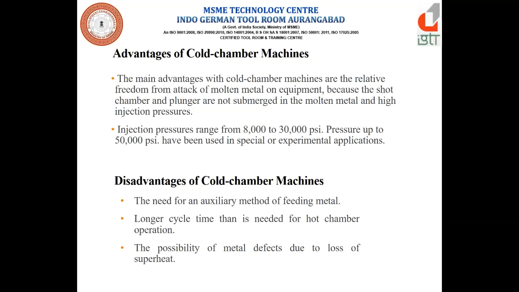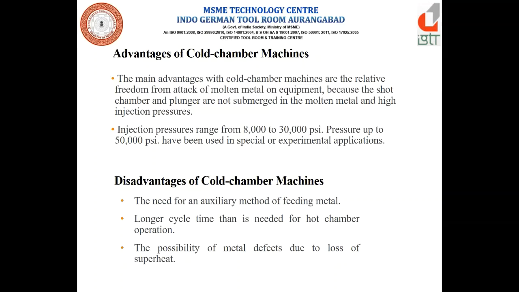In this process, very high injection pressure can be used. This can be up to 8,000 to 30,000 psi, or in other units, around 700 to 1000 kg per square centimeter.